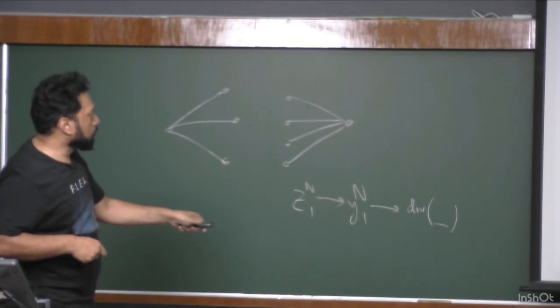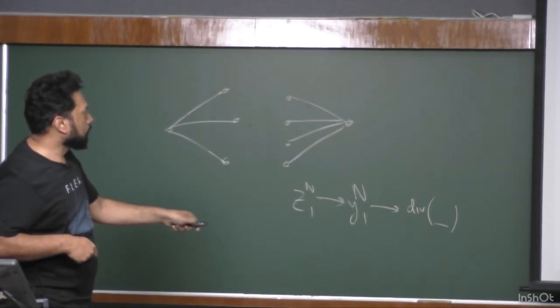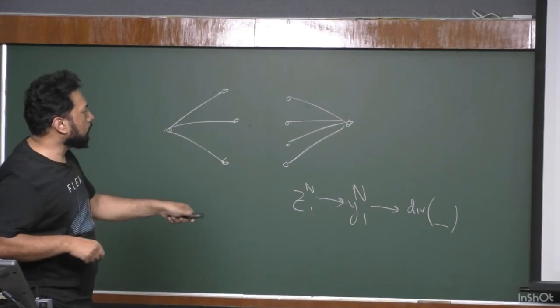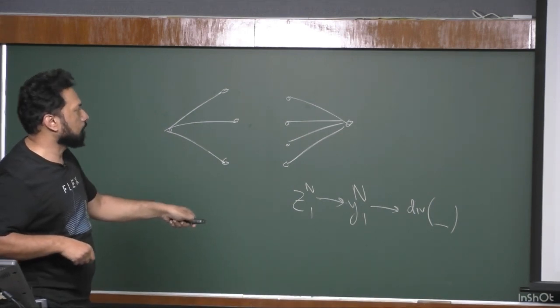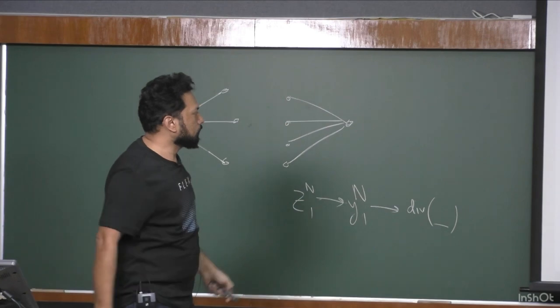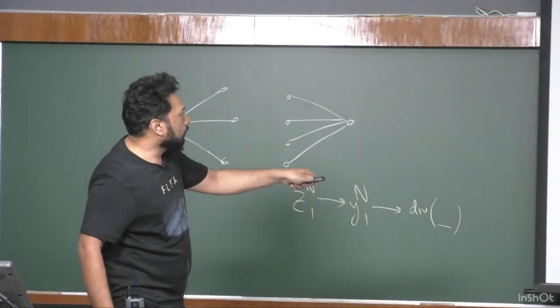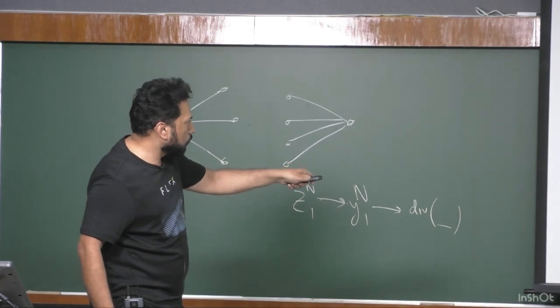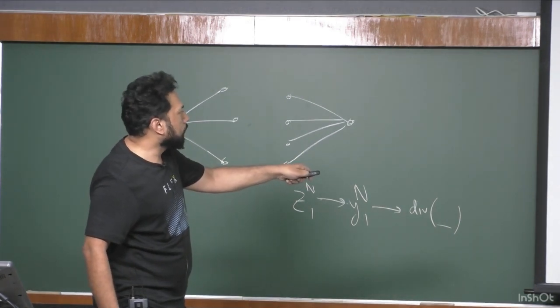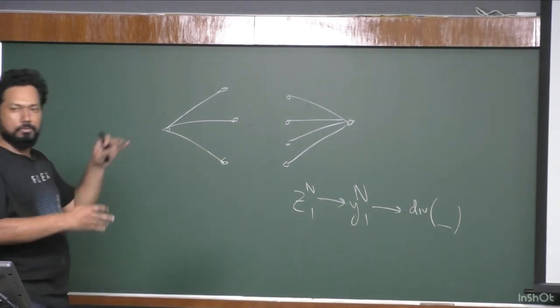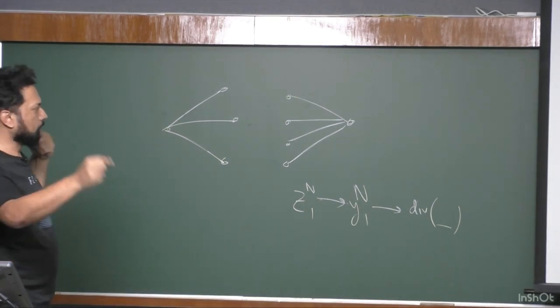That's what we did. Due to symmetry, zn2 will also be the same. It's just that now you will pick up yn2. So for zn2, you have the derivative of the divergence with respect to yn2, and the derivative of yn2 with respect to zn2. So far this was the simpler case because of the one-to-one dependency.